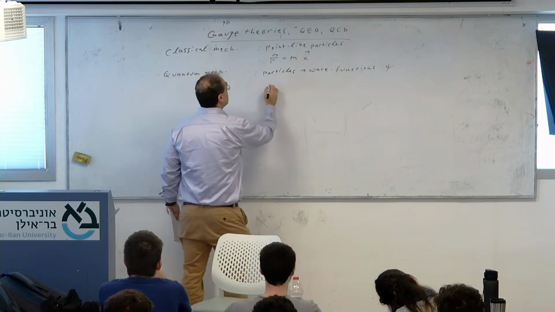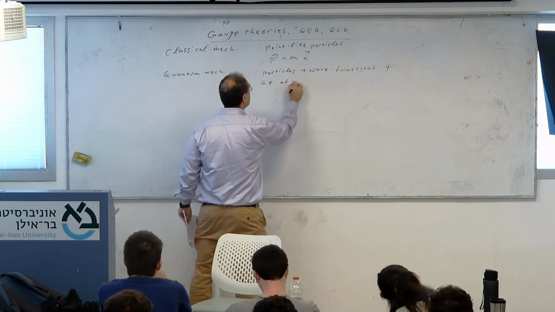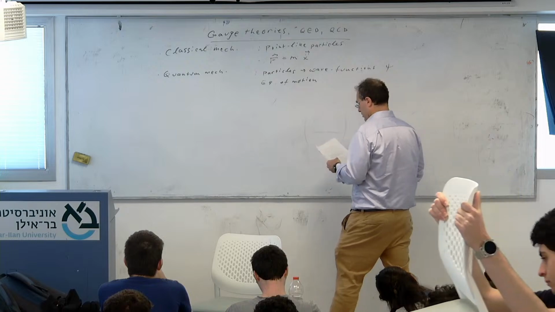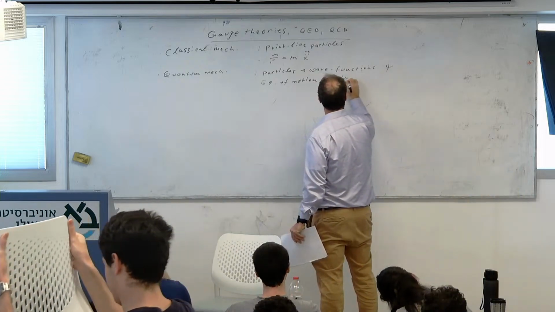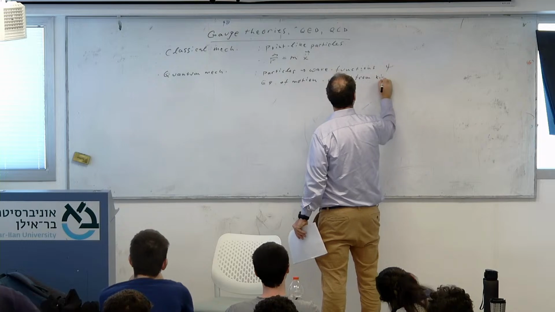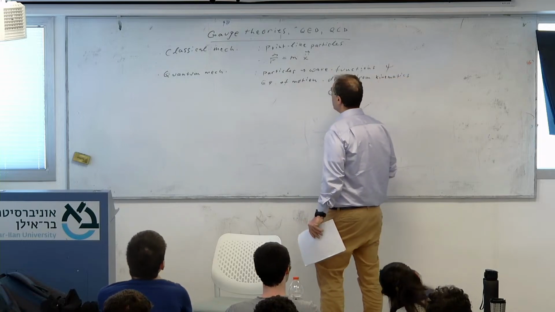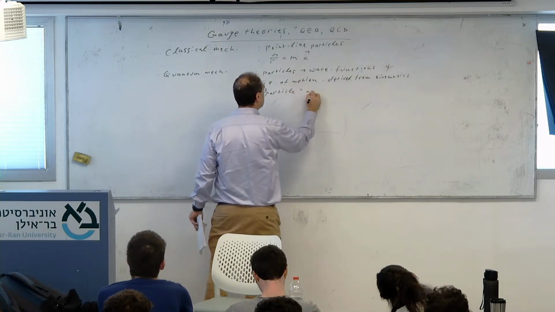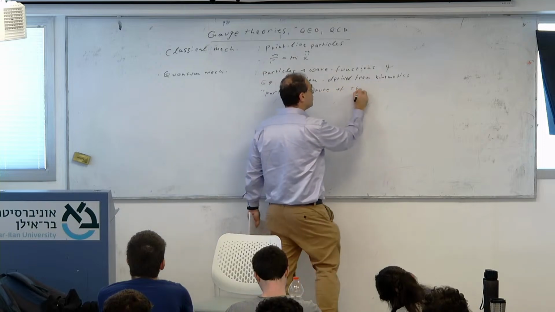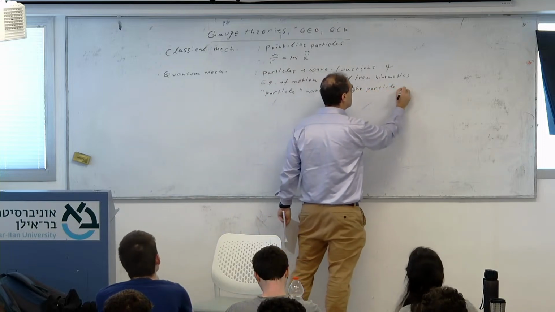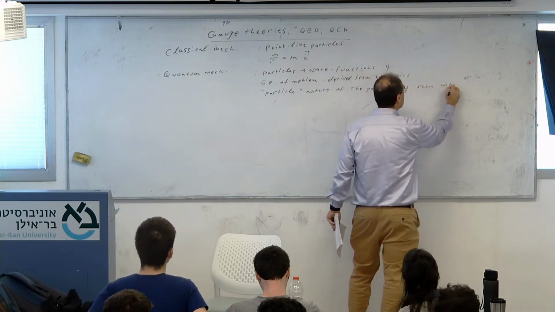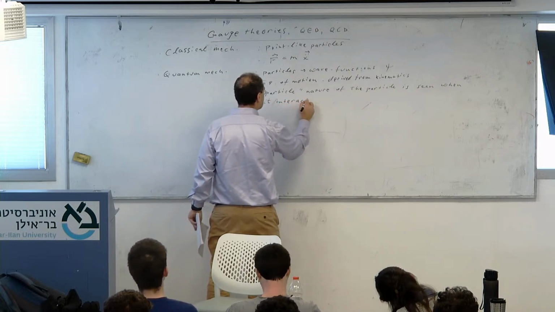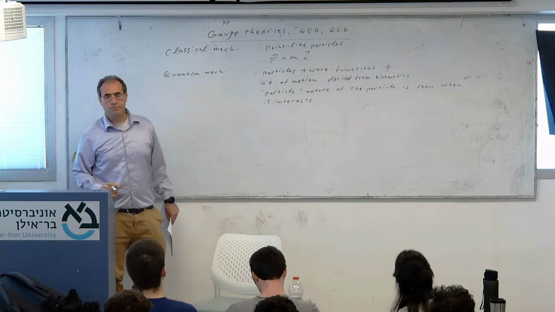The particle equation of motion is derived from the kinematics, and the particle nature of the particle is seen when it interacts or is being detected.